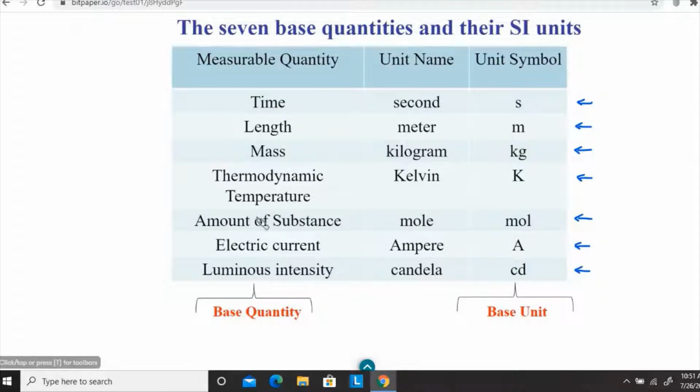These 7 are called base units. The reason for that is they are fundamental. These physical quantities and their corresponding SI units are not derived from any other quantity. These form the fundamental physical quantities that we are going to discuss in this course.